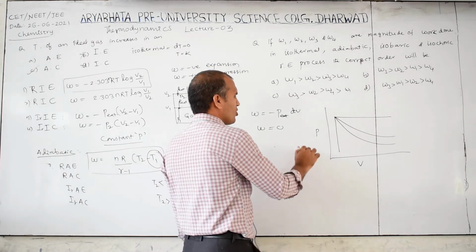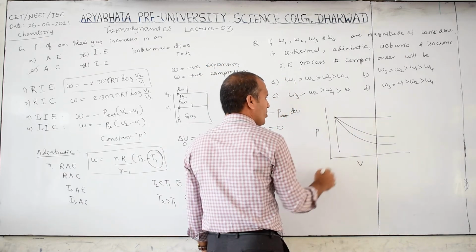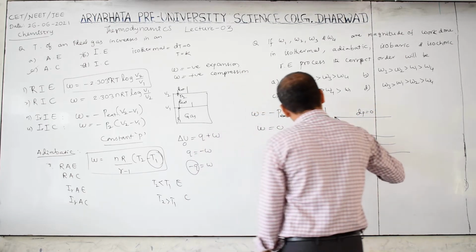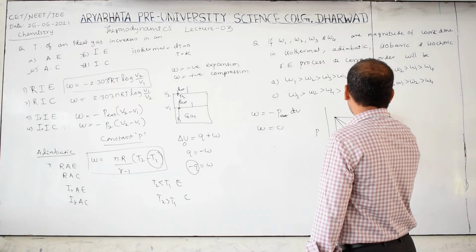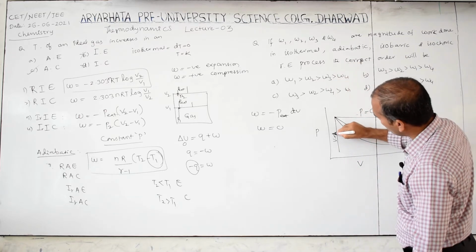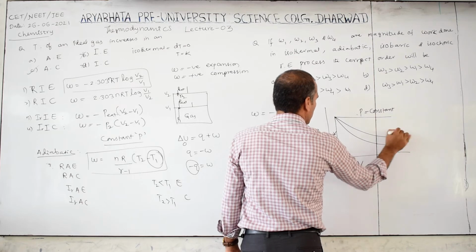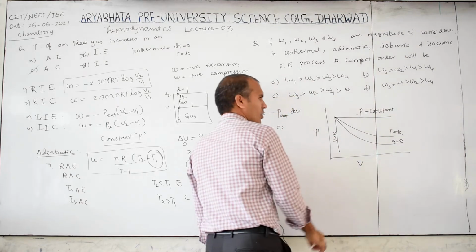In this, isobaric means pressure constant, and isochoric means volume constant, otherwise dP is 0. Here temperature is constant, and here Q is constant, 0 also you can write.